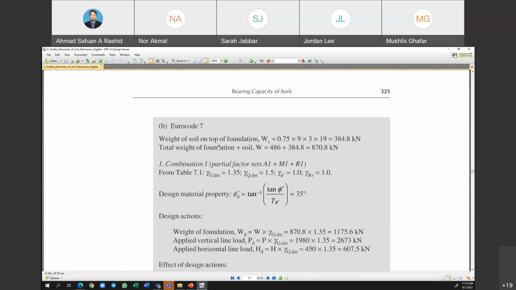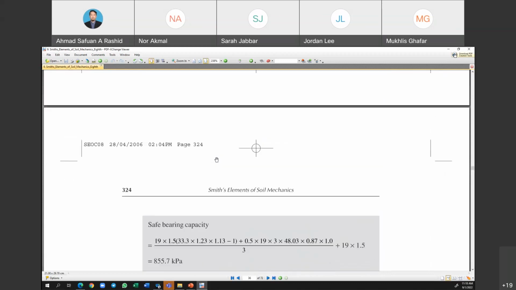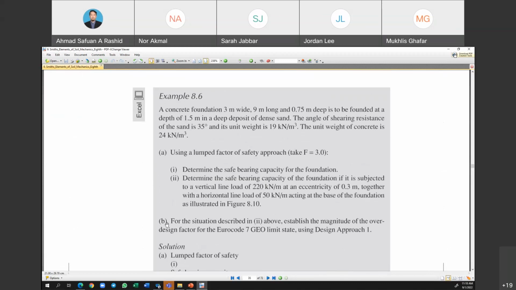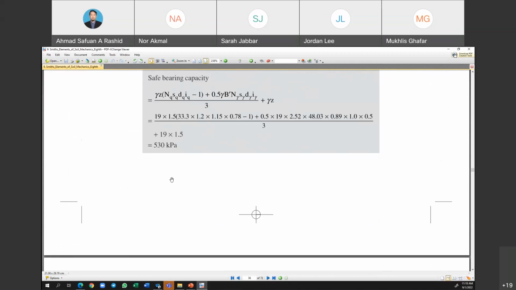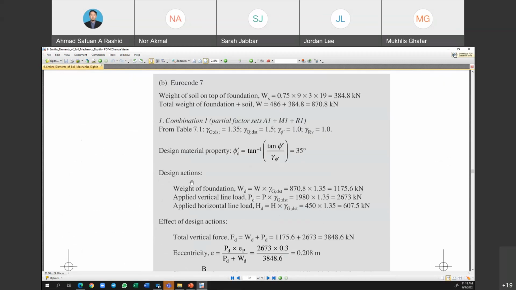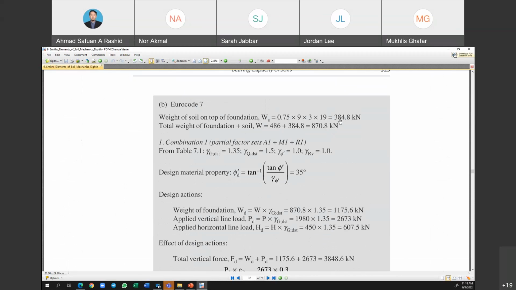Sorry, this is for the inclined problem, because in the question it is already stated here, to solve the problem for number 2 from part A. So then we obtain 348 for the Ws and the weight of the foundation W is 870.8.